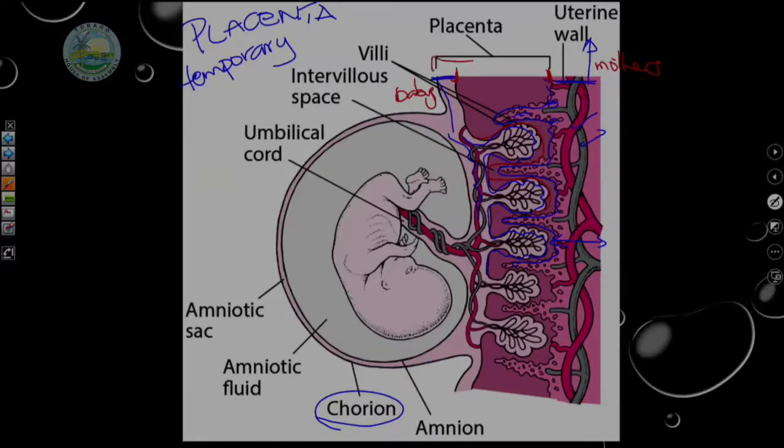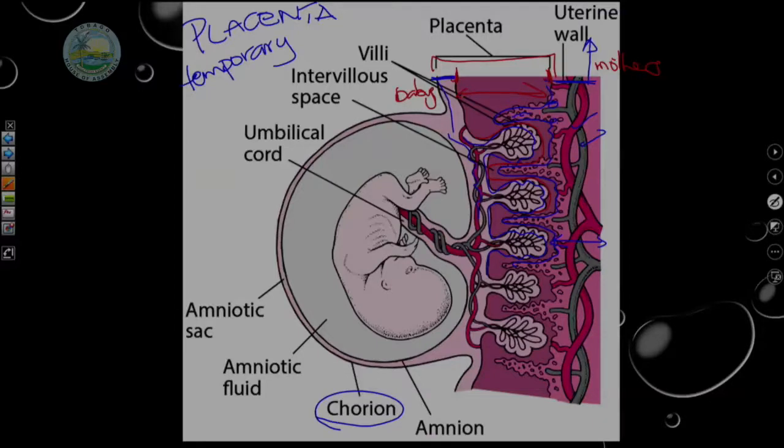This entire region here is called the placenta. That area where the fetus develops projections into the mother's uterine wall. But you have a space that prevents mixing of the baby's blood with the mother's blood.